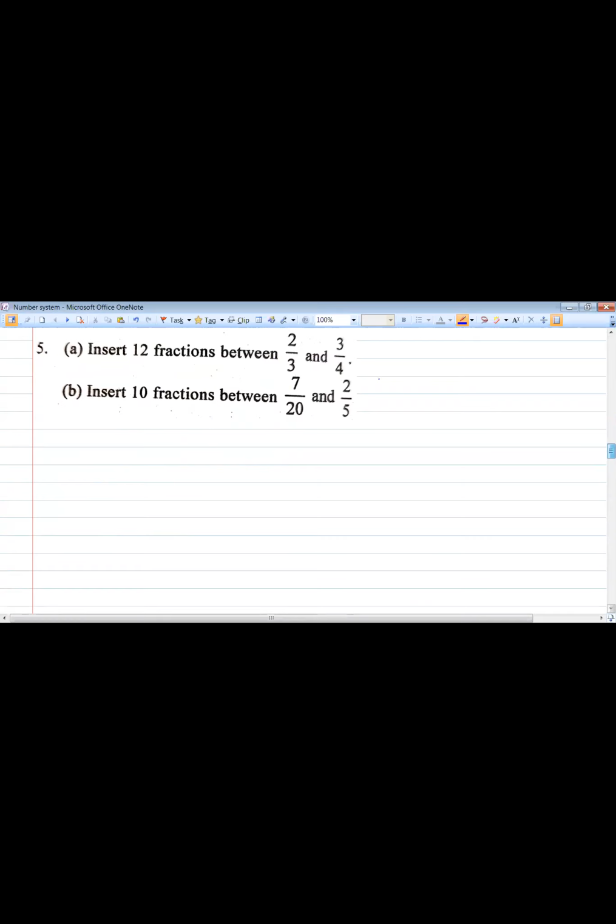Sir, today's class is enjoyable. Wow, very good, Aditya. Okay. Insert 12 fractions between 2 by 3 and 3 by 4. And B, insert 10 fractions between 7 by 20 and 2 by 5.